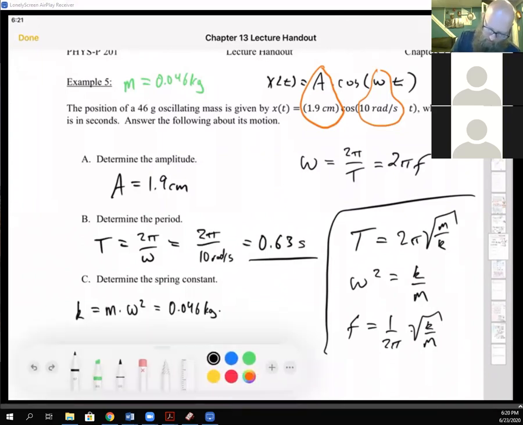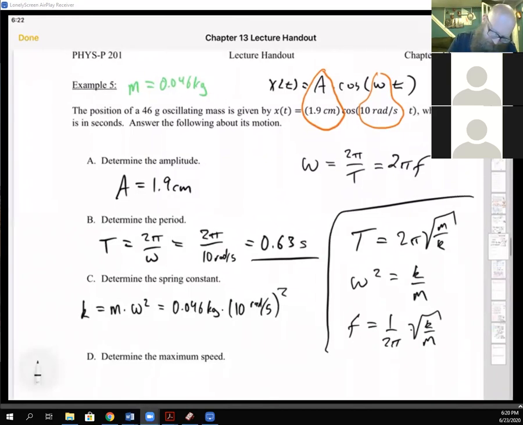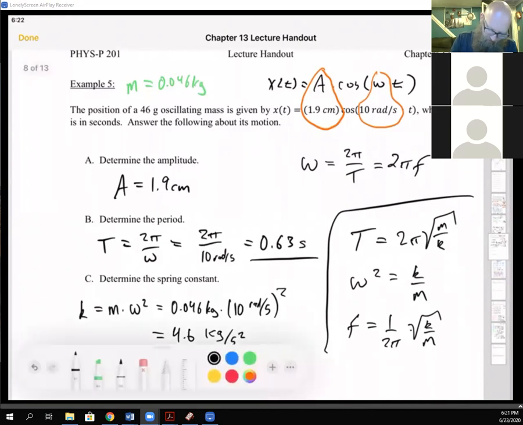I can do that in my head. 10 radians per second, squared, right? So if I square 10, I get 100, and I multiply 0.046 by 100, I get 4.6 kilograms per second squared.